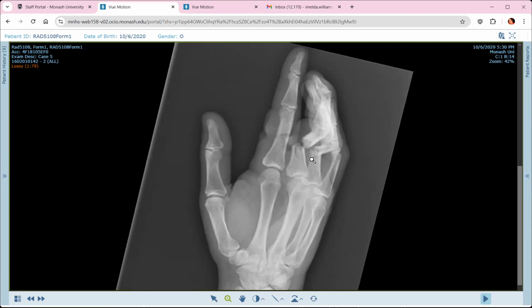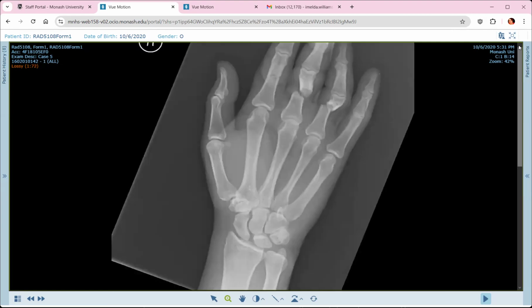And also that there is significant soft tissue swelling. So your overall comment for this would be there are angulated, comminuted, complete fractures to the third and fourth proximal phalanx of the right hand. And there is a comminuted, undisplaced fracture to the second proximal phalanx, and there is significant soft tissue swelling as well.